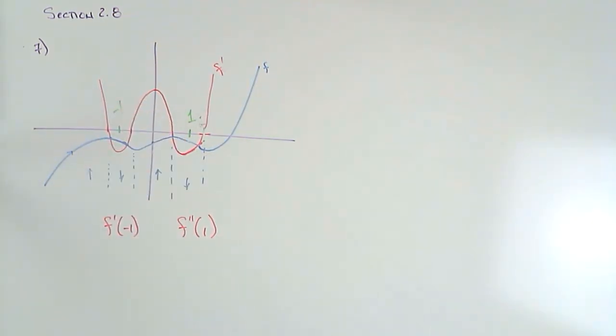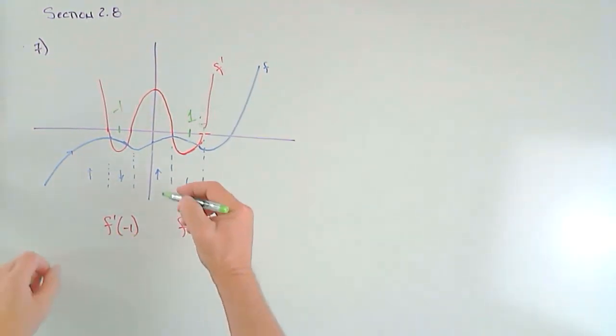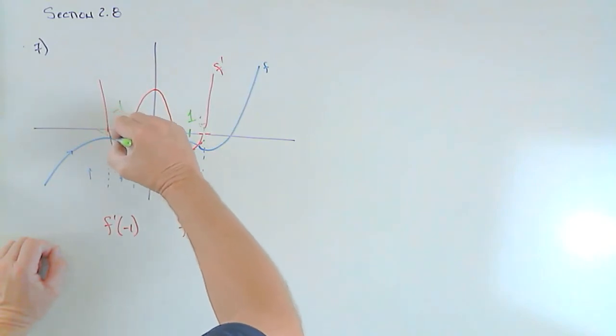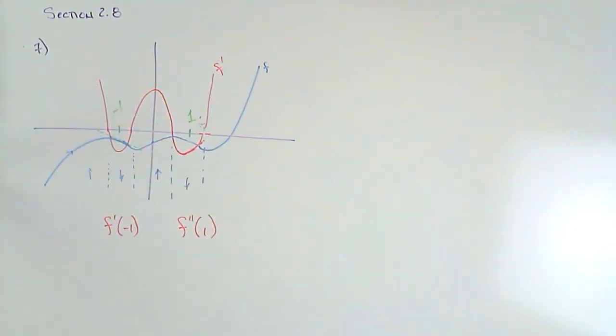And now the question is, which is bigger, right? F prime of -1 is the slope of the blue line at -1, because we said the blue line was f, the derivative is its slope. So the slope of the tangent line right there is negative.